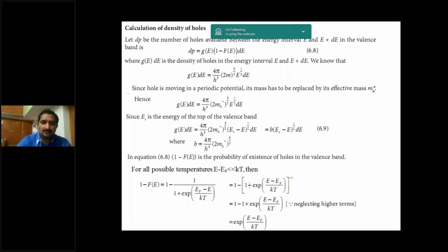So 1 minus whole power minus 1, the denominator term becomes as this one. By expanding this, neglecting higher order terms, this is the expansion of (1 plus x) whole power minus 1. So 1 minus x, by multiplying minus into the bracket, minus 1 and minus into minus plus. So minus 1 gets cancelled. The term is exponential of (E minus EF) by kT.